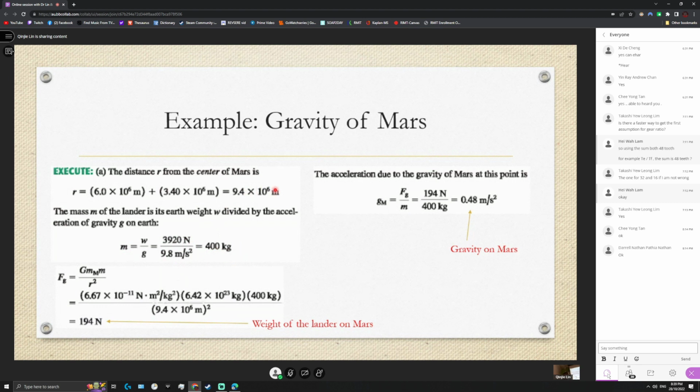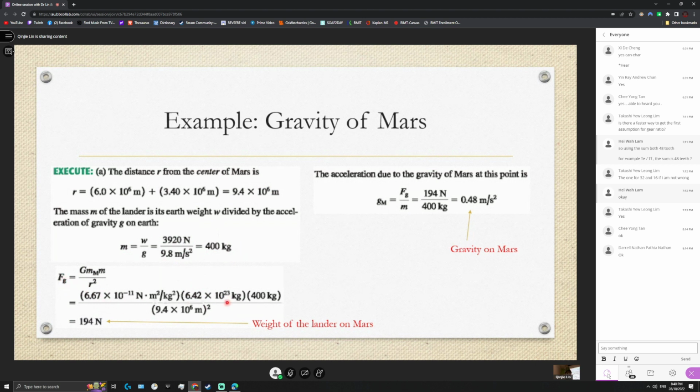So what is the gravitational force, which is the weight? We'll be using this equation, GMm over r squared. G is this constant value, just sub in. Mass of Mars is given. It's usually the mass of the planet that makes this whole number significant.